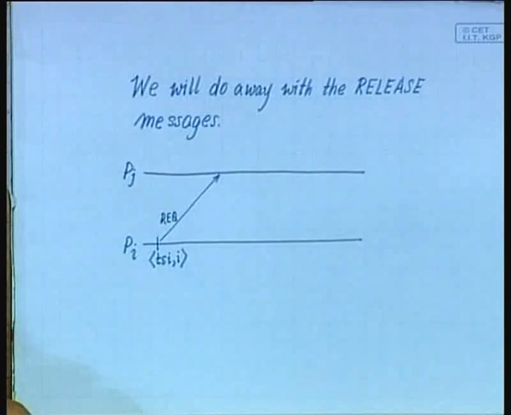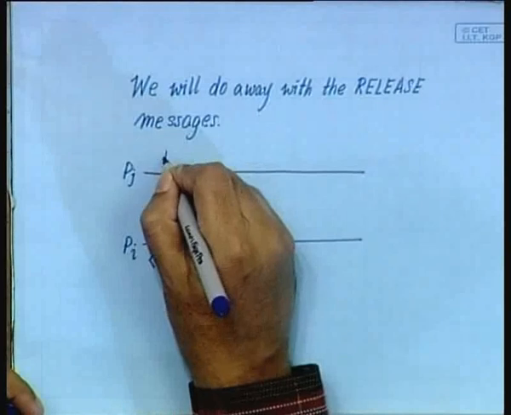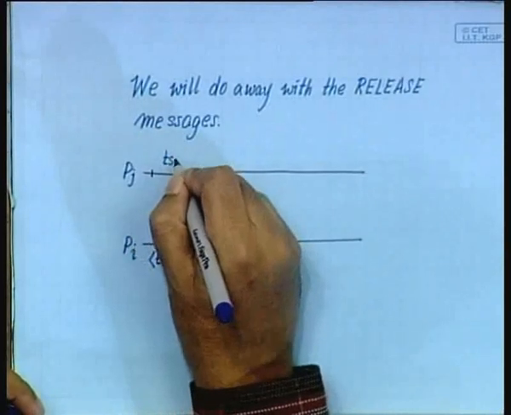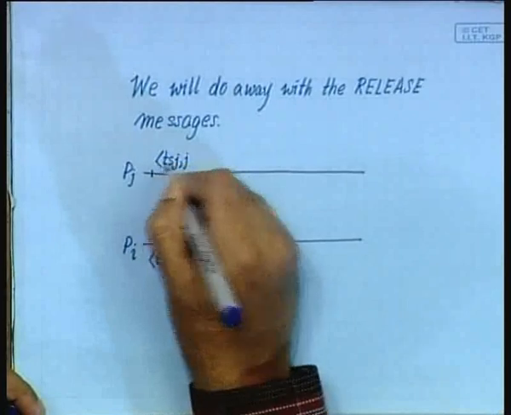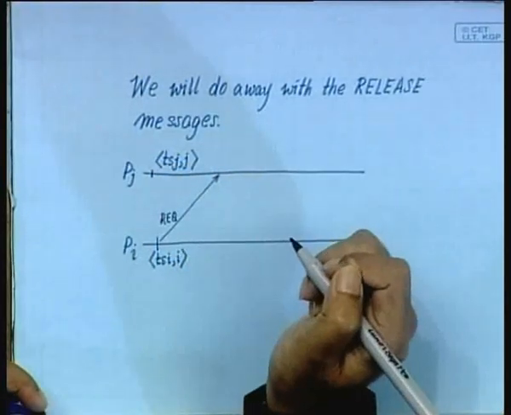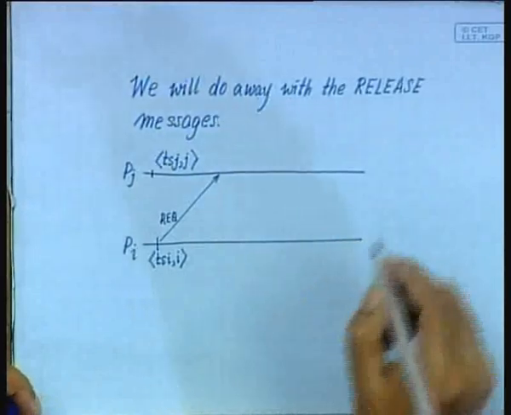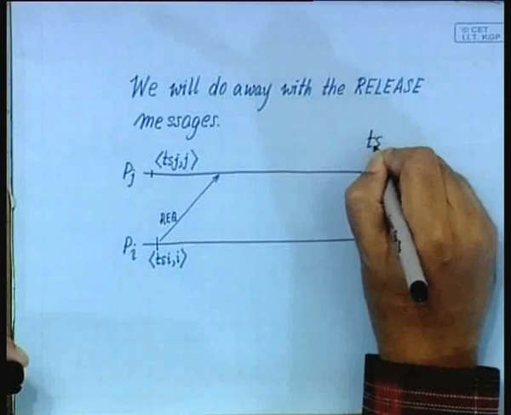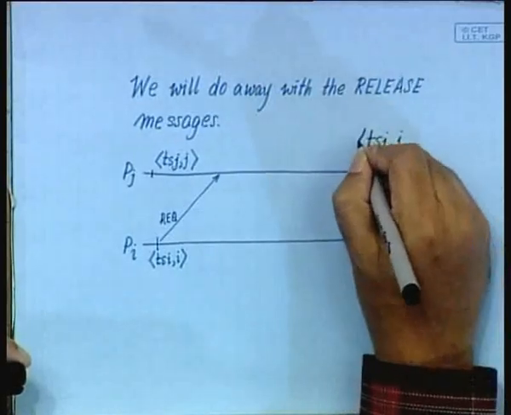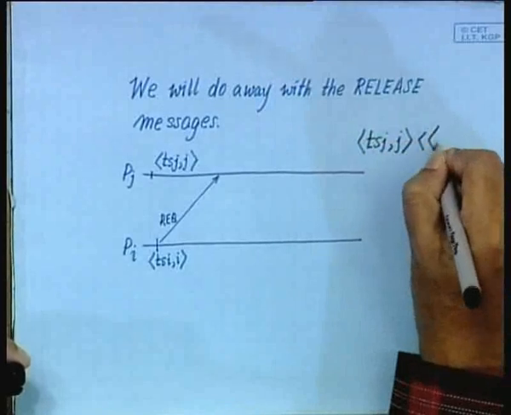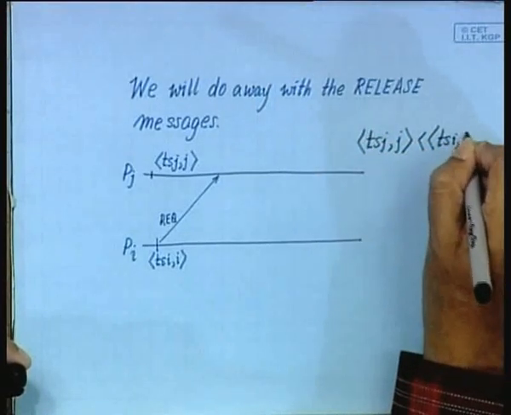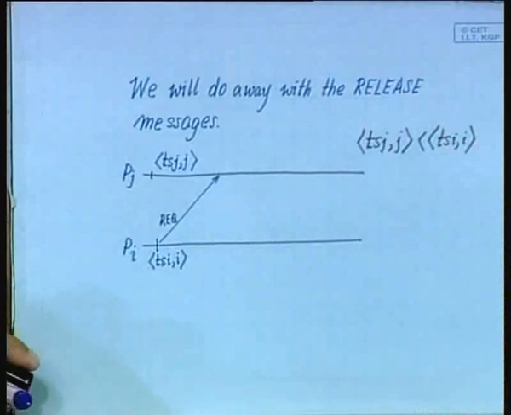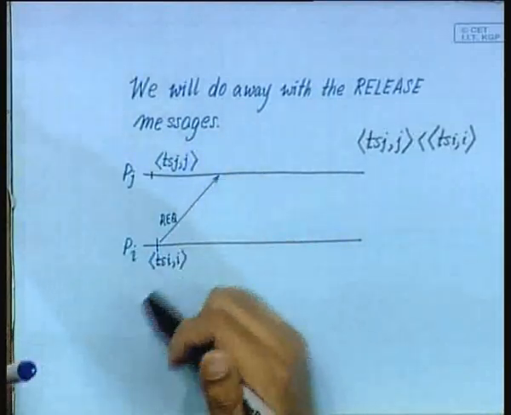Now, Pj sees that it has in its queue some request TSj, and it sees that TSj is less than TSi. So, its own request is smaller than that of the request that it has received from Pi.